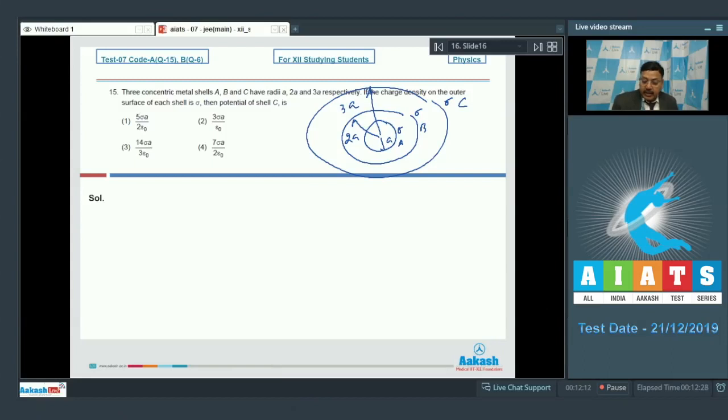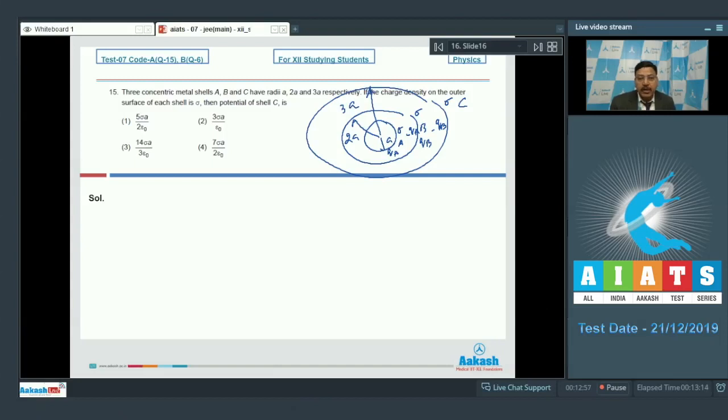Now, if the charge on the inner shell is, let's say, QA, then there is induced charge of minus QA on the inner surface of B. And similarly, if the charge on the outer surface of B is QB, then the charge on the inner surface of C will also be minus QB. That much charge will be induced.